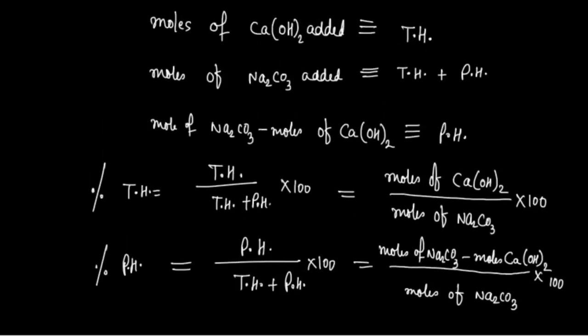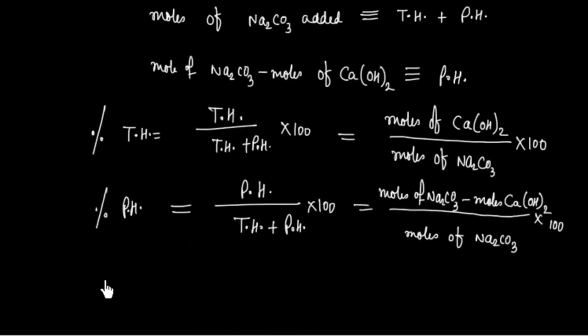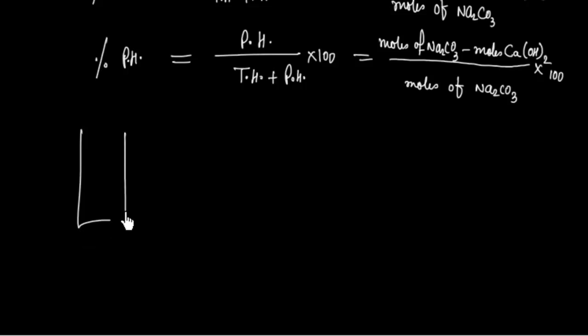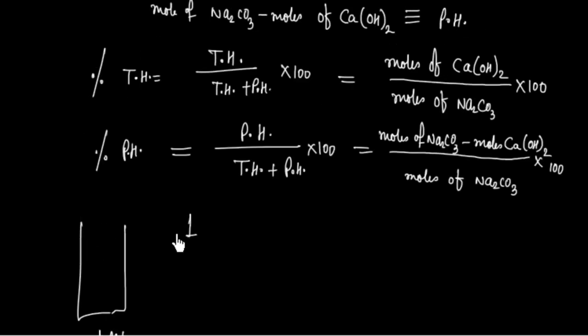So we can have a calculation. Let us say I have 1 liter of water. It requires 0.01 mole of calcium hydroxide to remove the temporary hardness, and it requires 0.02 mole of Na2CO3 to remove the temporary plus permanent hardness.